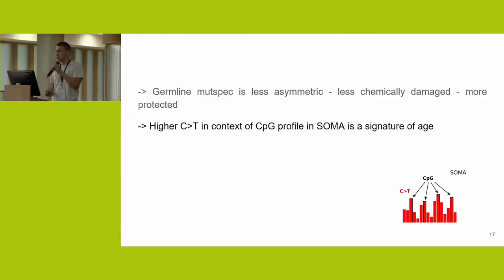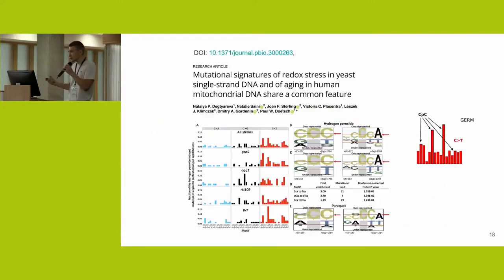Let's talk about CpC in the germline. We wrote a lot of papers about this. Why is it so? This is a really great paper of Dmitry and Paul Deutsch about redox stress in yeast in single-strand DNA, like in the heavy chain of mitochondria. The most common substitution is C to T in the context of CpC, and they correlated it with redox stress.